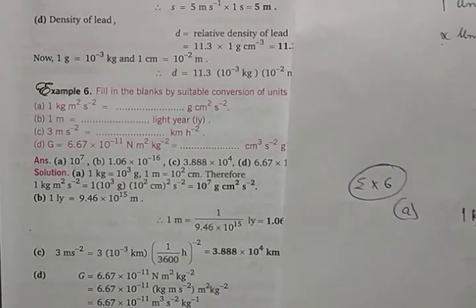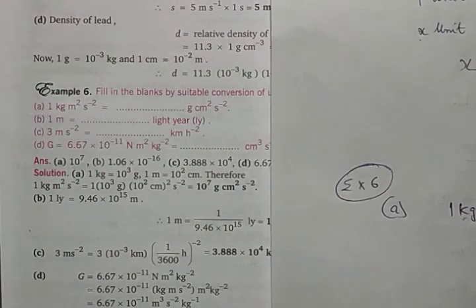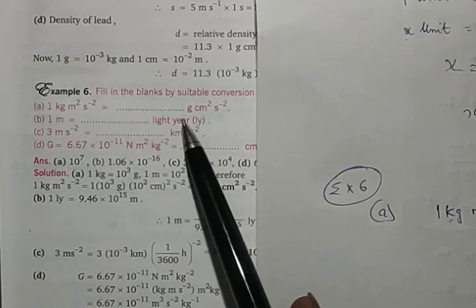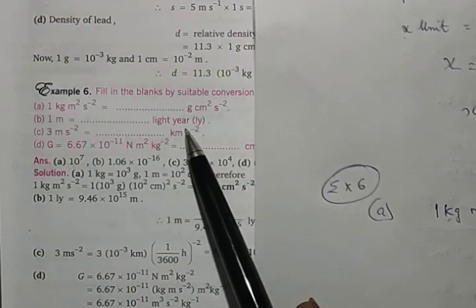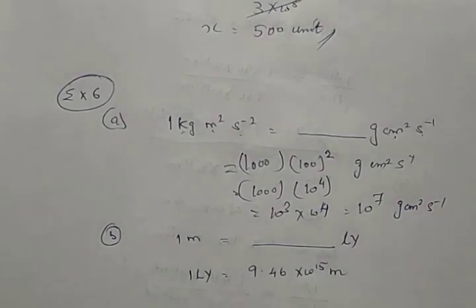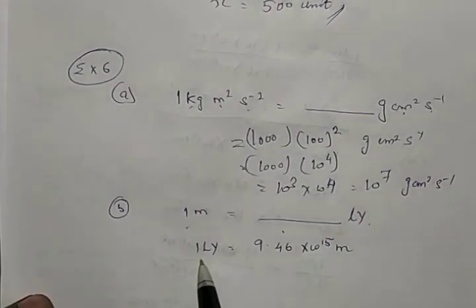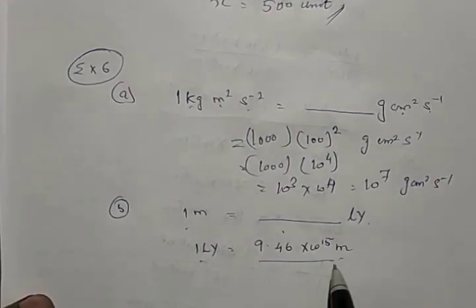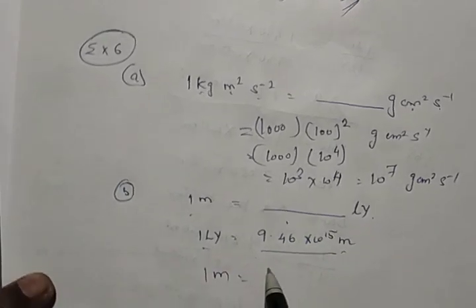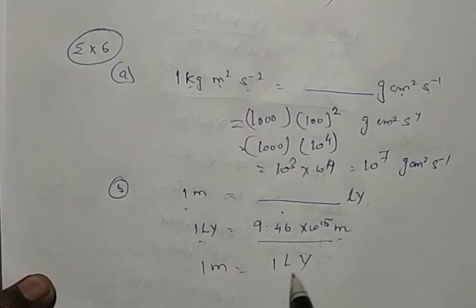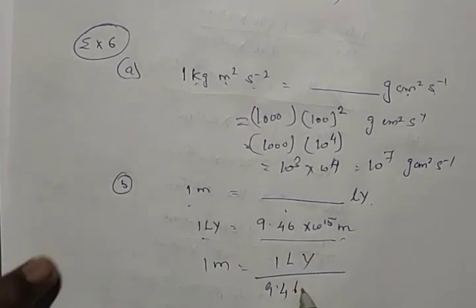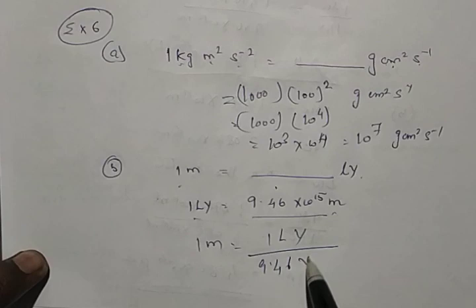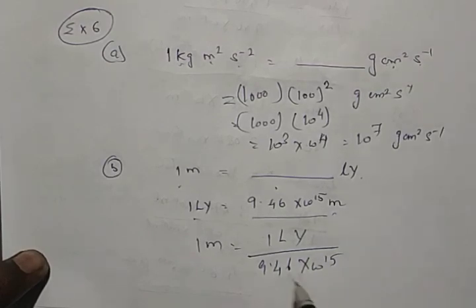The next one is 1 meter in terms of light years. We already know this one. 1 meter in terms of light year is asked. 1 light year is equal to this much meters. So what is 1 meter? This entire quantity will come down. So 1 meter is equal to 1 light year divided by 9.46 into 10 to the power of 15.